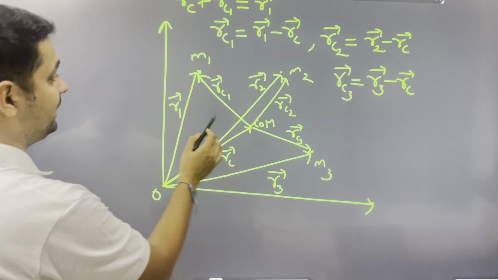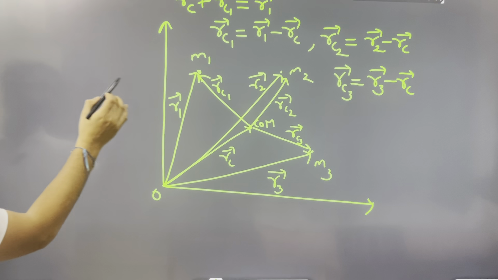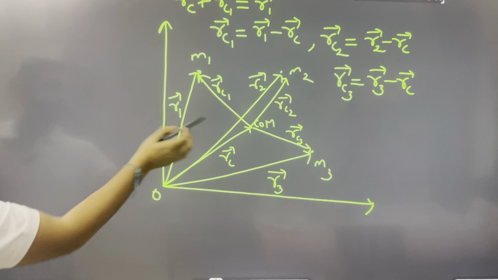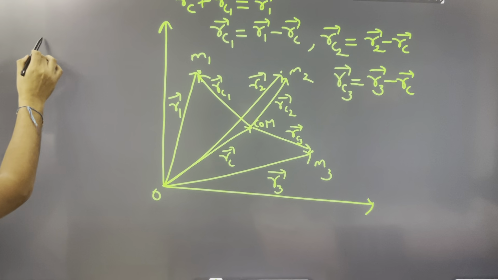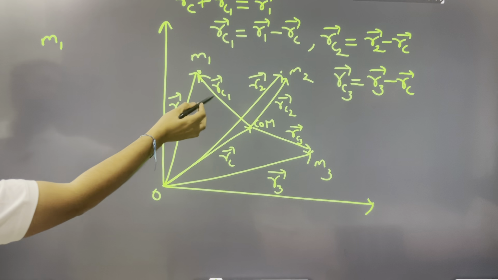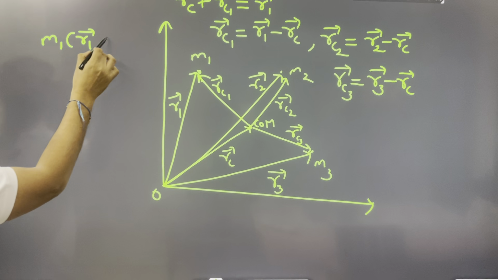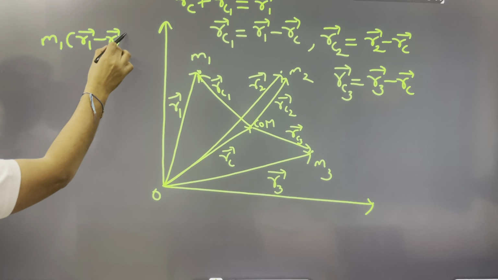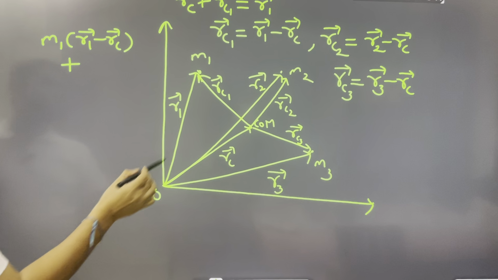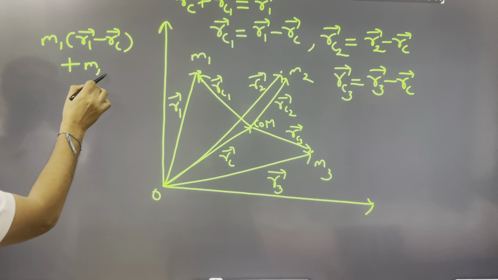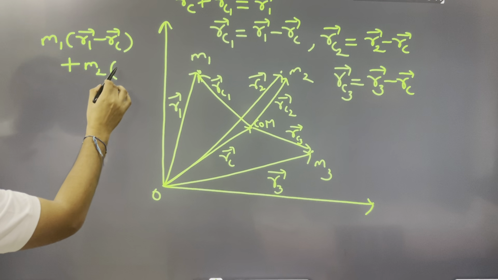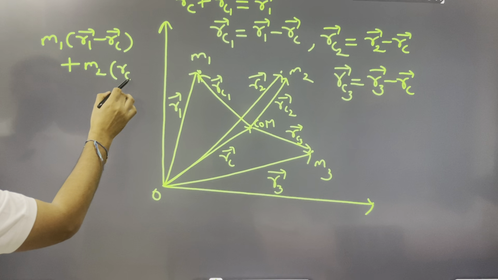So here we can write M1 into RC1 vector. What is the RC1 vector? R1 vector minus RC vector. Correct? Plus M2 into RC2 vector.